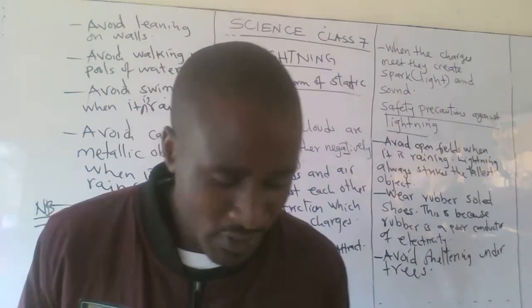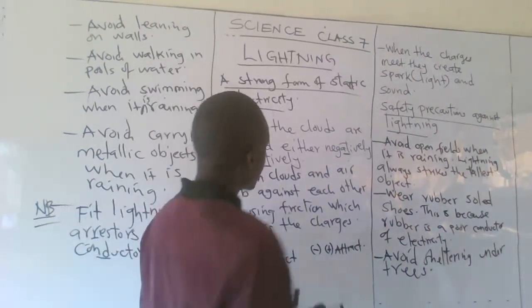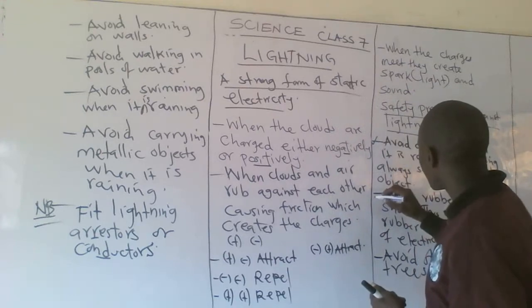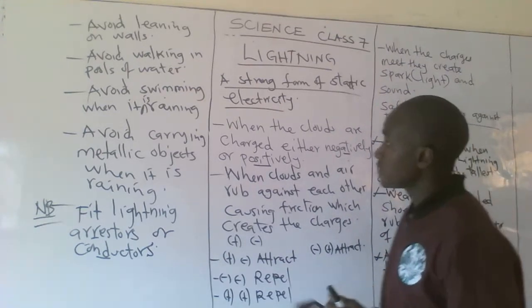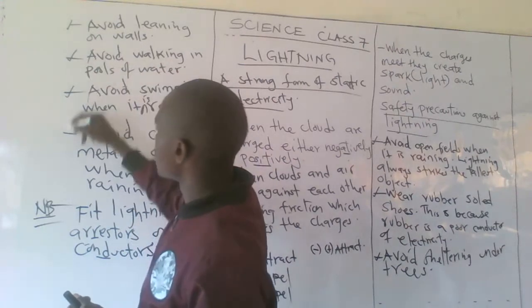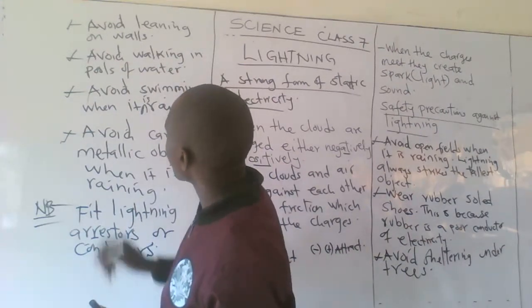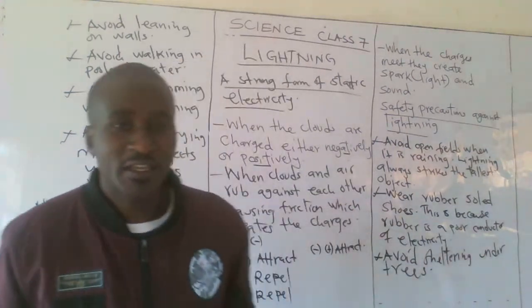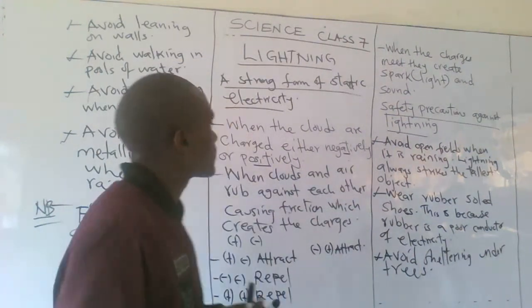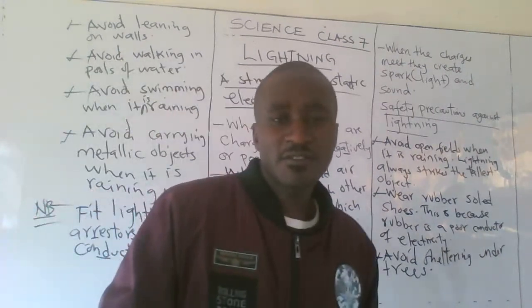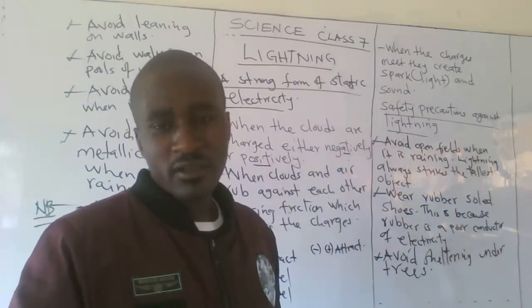So these are just some measures. I want you to go and do a lot of research using your books, or you can use Google, to find more ways of preventing lightning from endangering our lives. Enjoy your day.